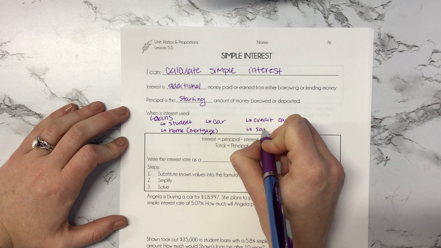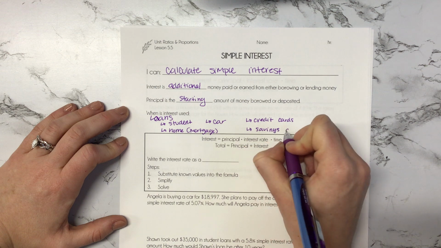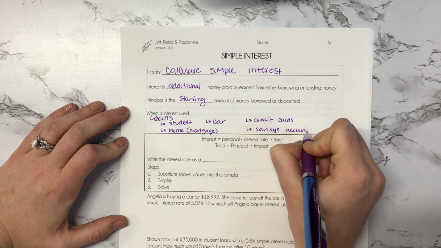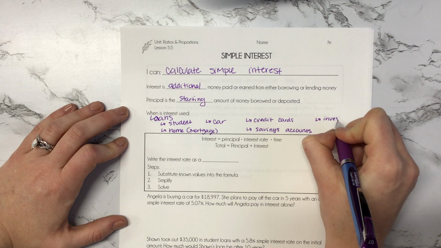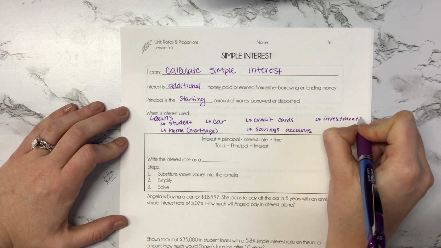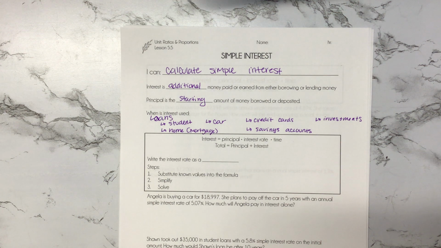Savings accounts. Investments. Okay. That's not all of them. There's more. So basically anytime you borrow money or you put money into some sort of savings account, that's it.